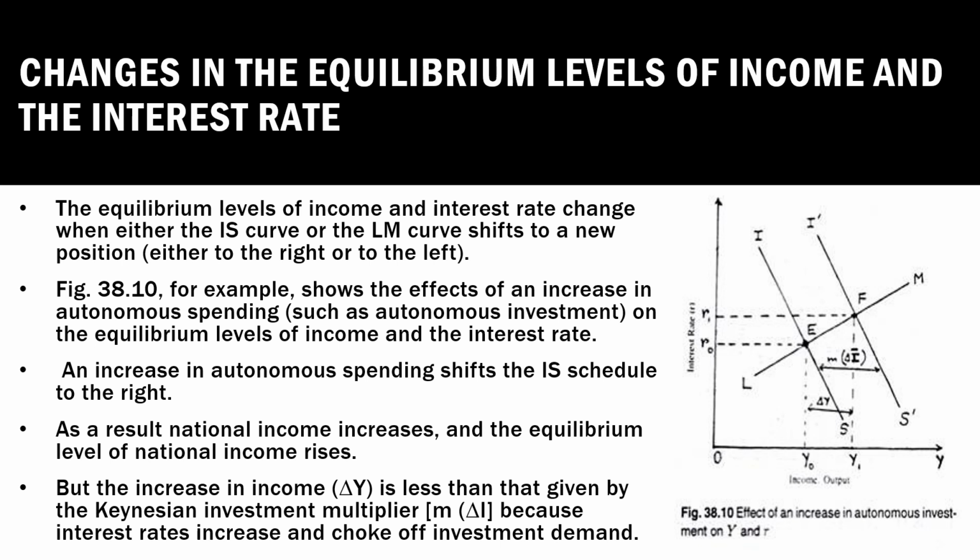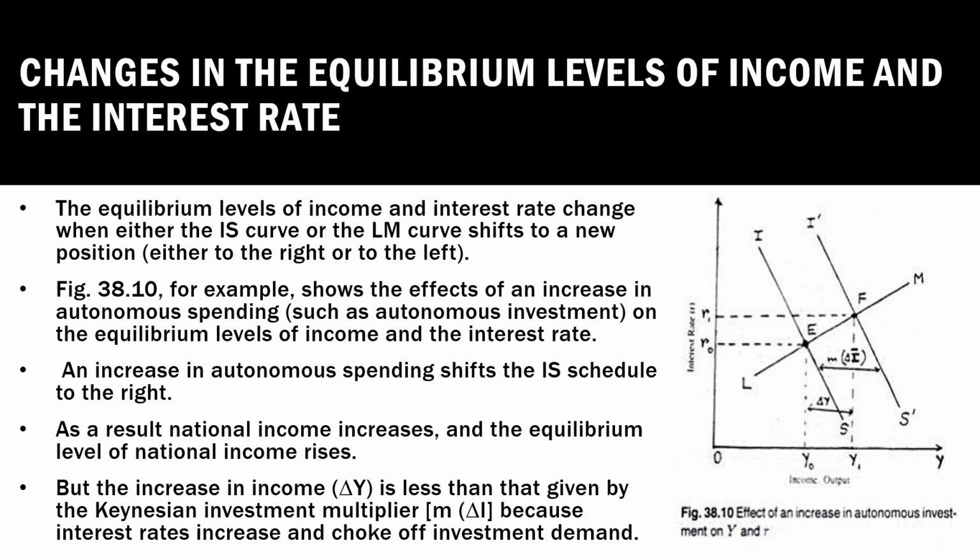We have already seen that this would have its impact upon the equilibrium levels of interest rate and income. This is mainly because the equilibrium with respect to the money market and real market would change as a result of an increase in autonomous spending, because an increase in autonomous spending would shift the IS curve to the right.